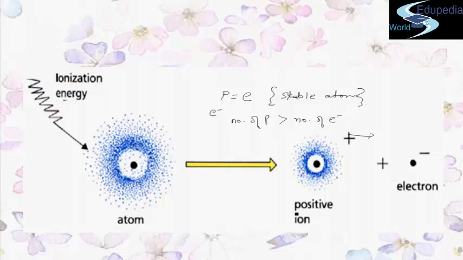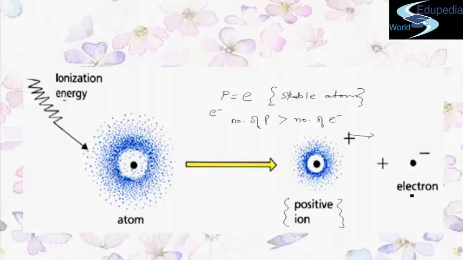So we get a positive ion when we remove one electron from a stable atom of a gaseous element. The energy by which this electron has been removed, we call ionization energy.